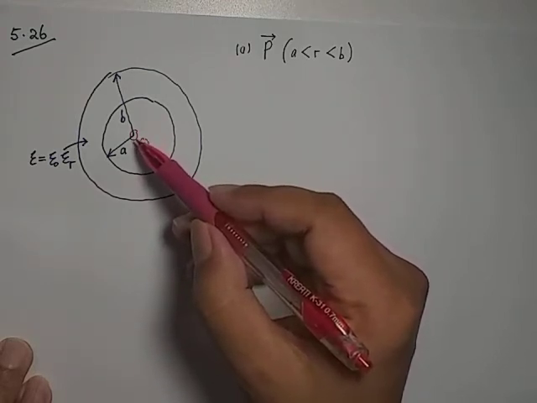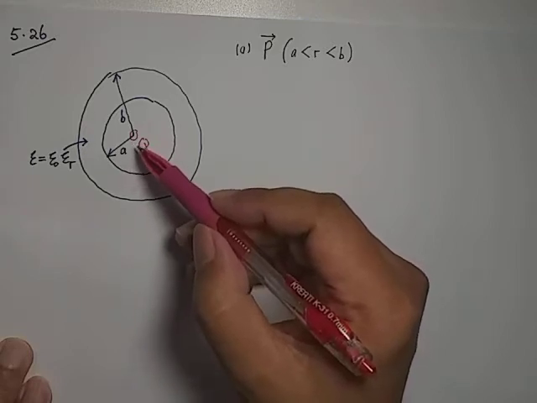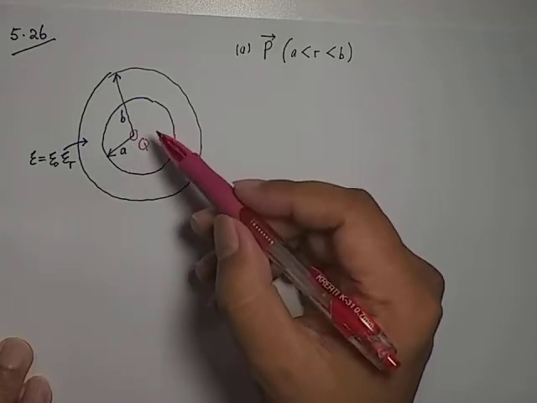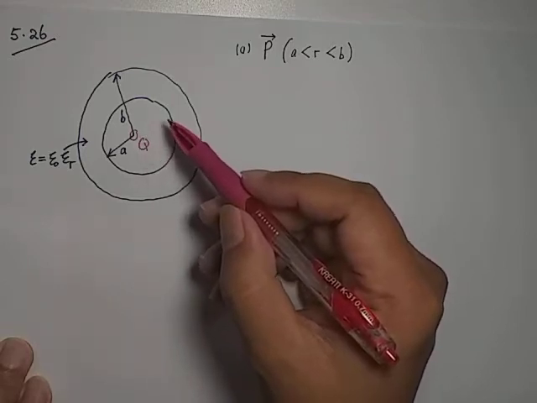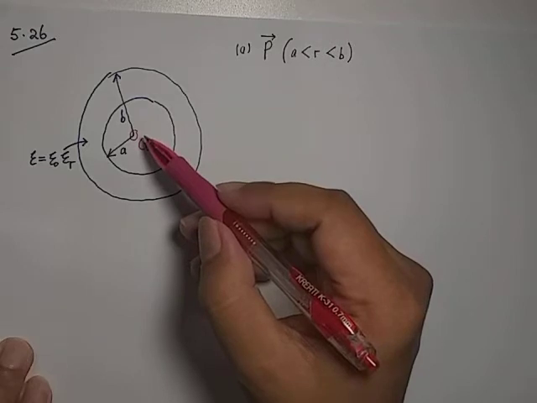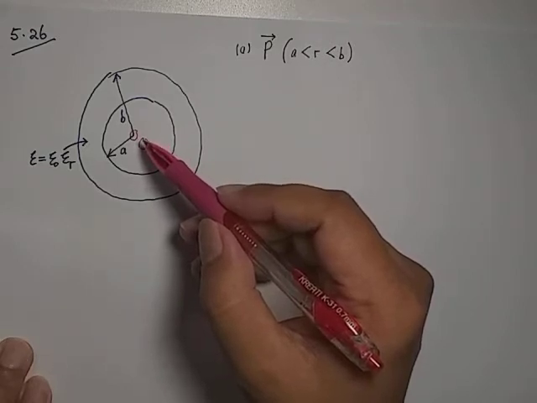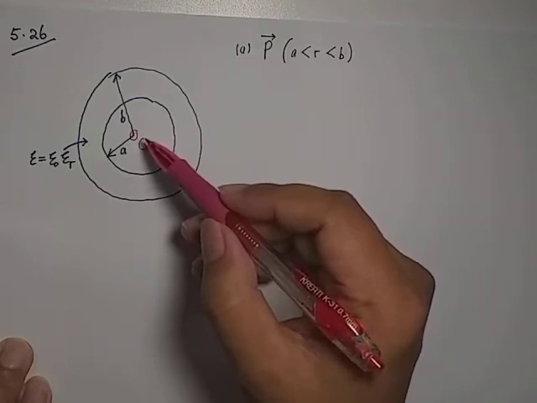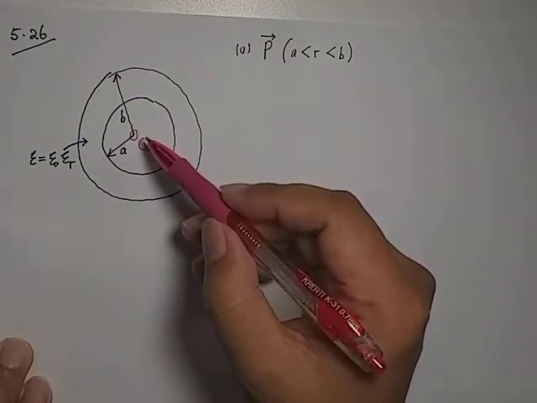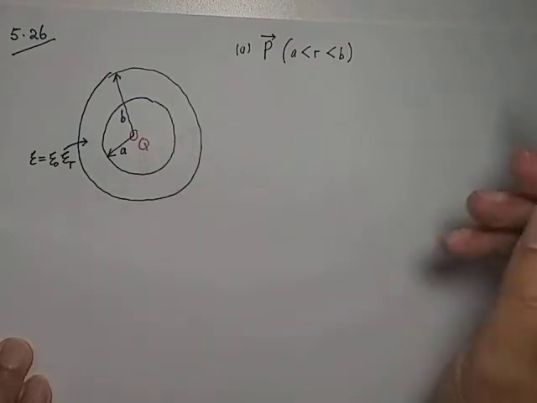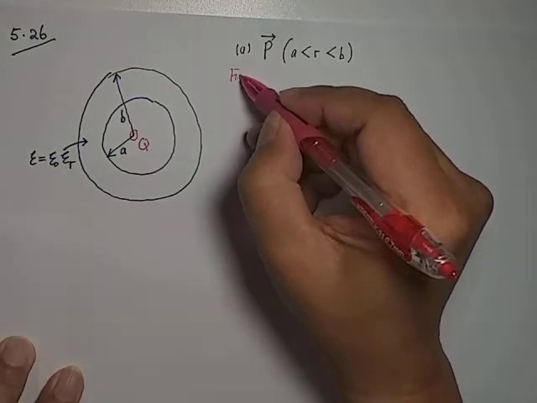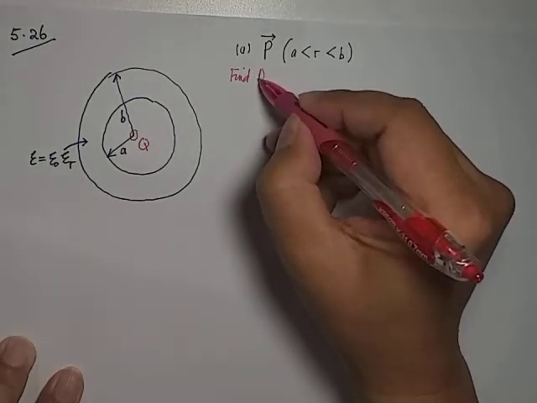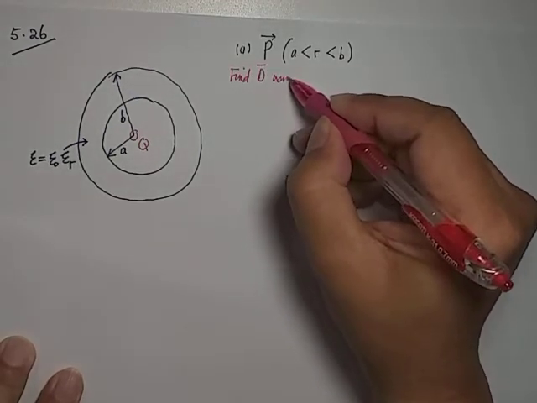Because that should be the source of the field in this problem. From charge, to find E, we need to use either Coulomb's law or Gauss's law. In this case, I'm going to use Gauss's law because as far as method is concerned, Gauss's law is much easier to use than Coulomb's law. Therefore, I'm going to find D using Gauss's law.